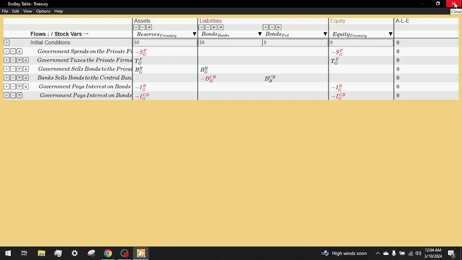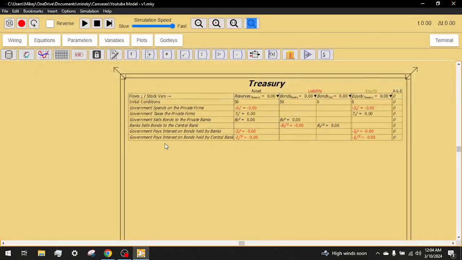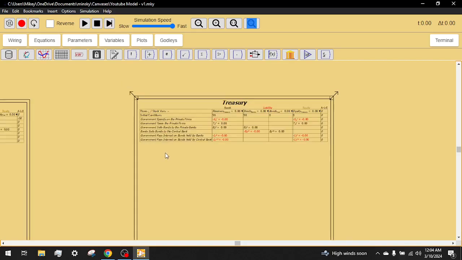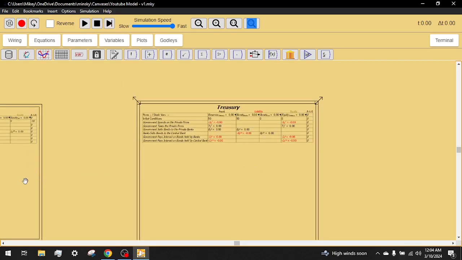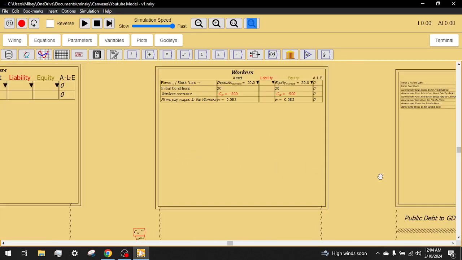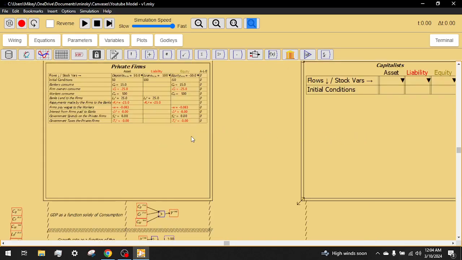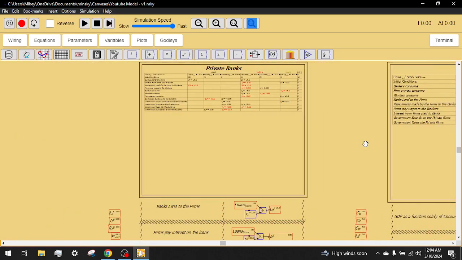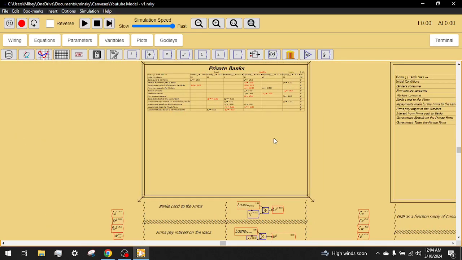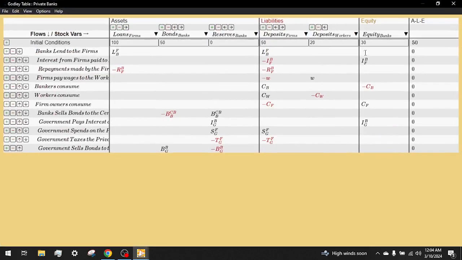And everything is good. But now we also have to come over to the balance sheet of the private banks and make sure that their equity reflects the bonds that they now have on their balance sheet. Just come over here to my initial conditions. So this needs to be balanced. So there's 50 billion in bonds held by the banks, all these other deposits as well.